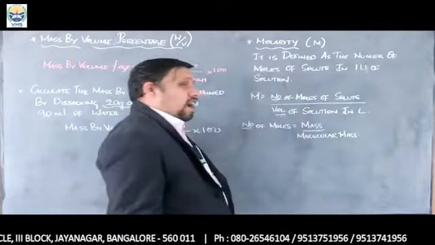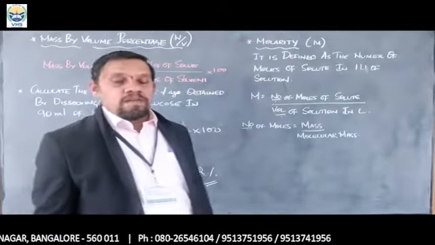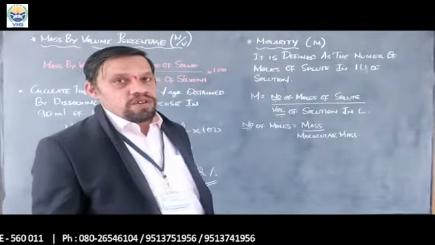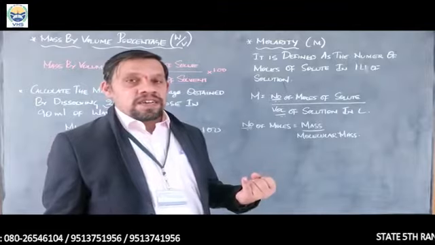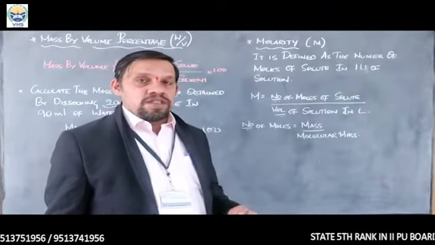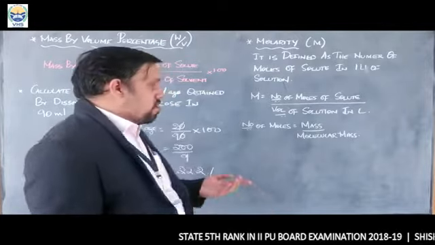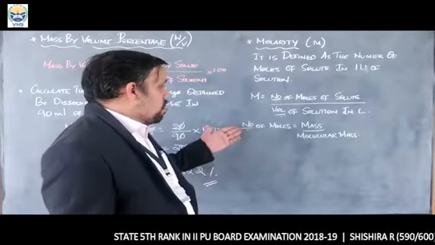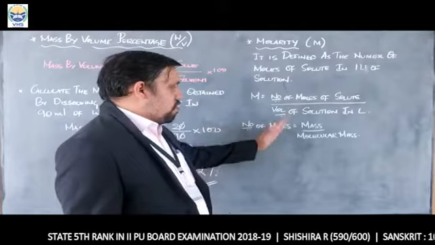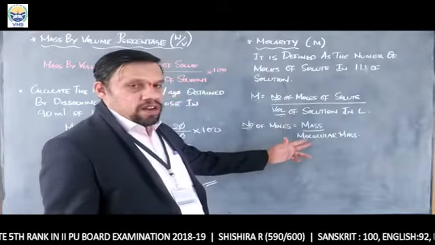In one of the last videos I told you I'll be representing the solute with the numerical 2 and solvent with the numerical 1. Since I'm talking regarding solute, number of moles means mass of the solute divided by molecular mass.